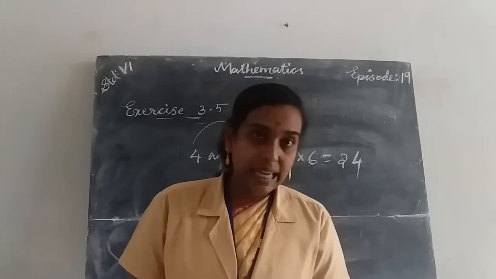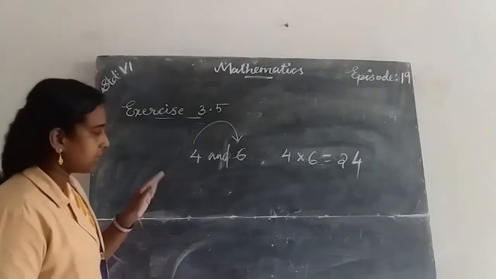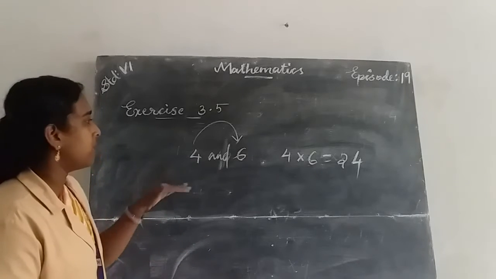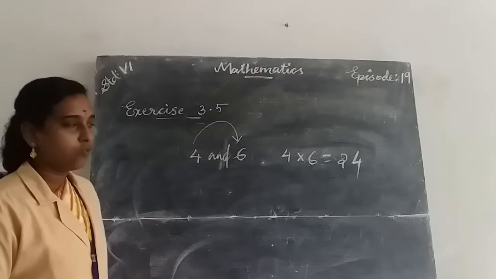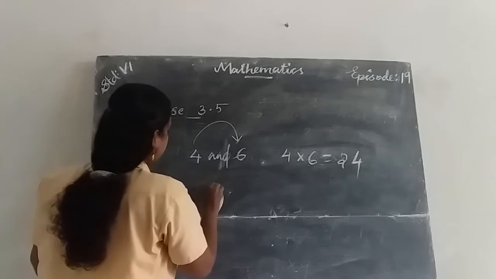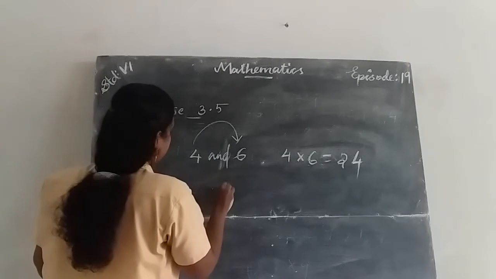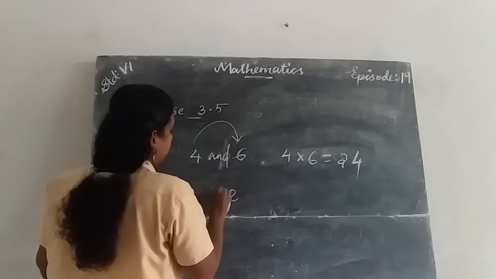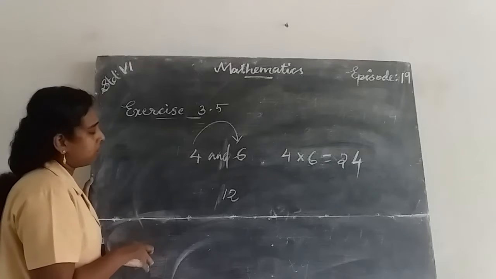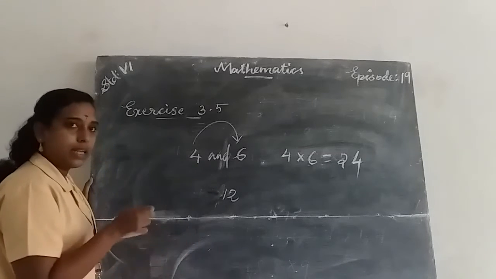So it is not necessary that a number which is divisible by both 4 and 6 must also be divisible by 24. Okay. If we take 12, 12 is divisible by 4.